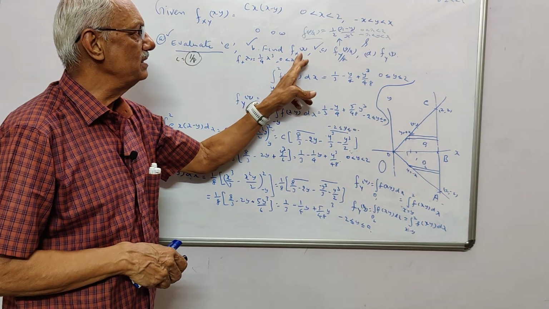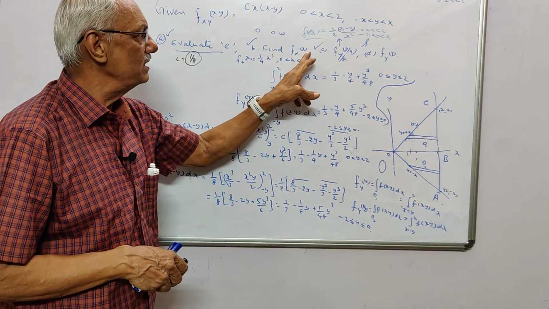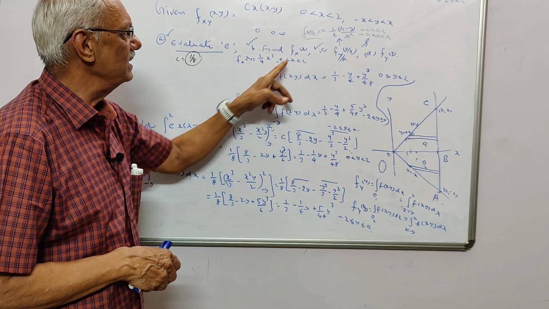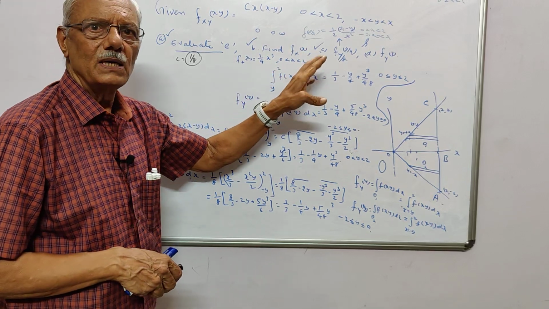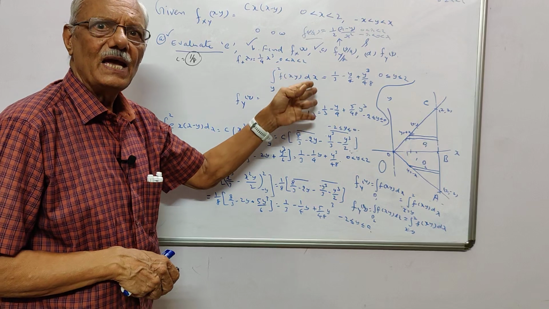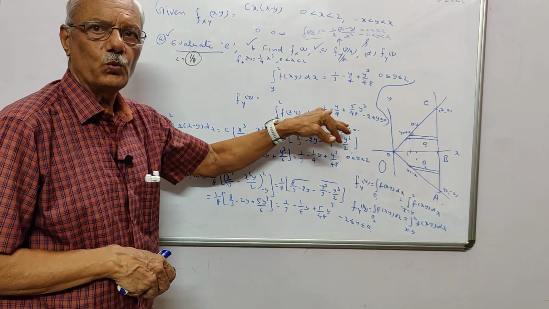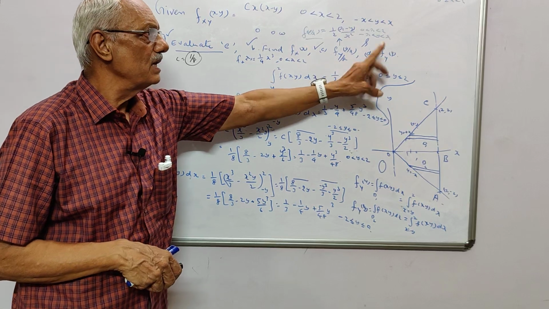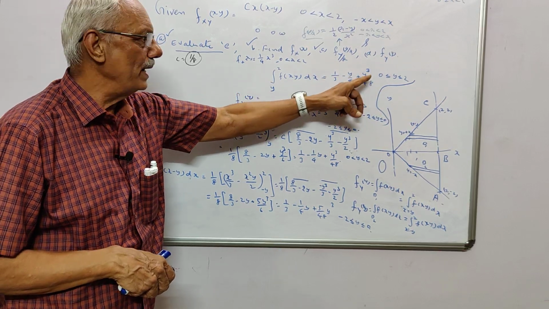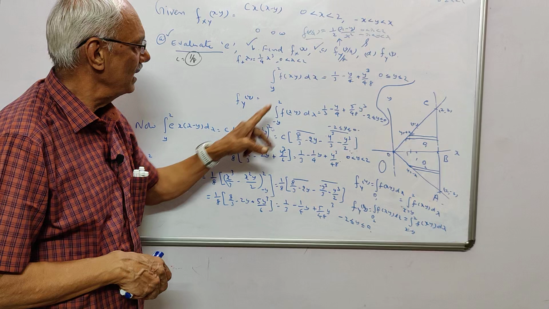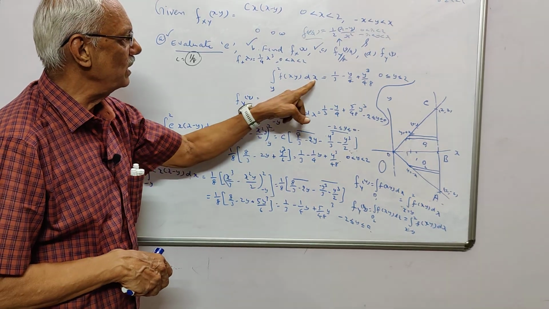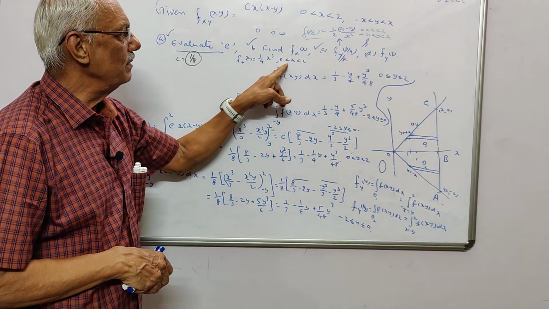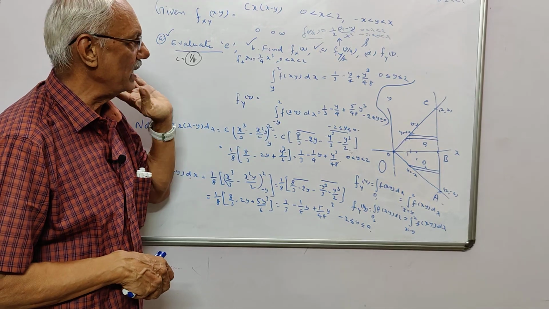Then this is the marginal density function of x, whose formula is f_X(x) equal to the integral of f(x, y) dy, and you have to fix the limits. And likewise f_Y(y), the marginal density function of y, is the integral of f(x, y) dx, whose limits have to be properly fixed. That is what I have done.